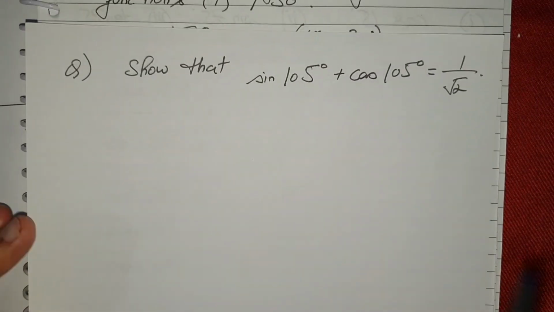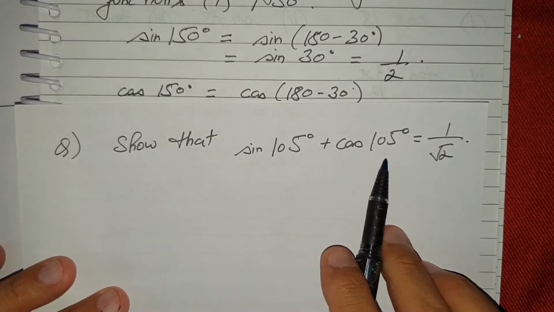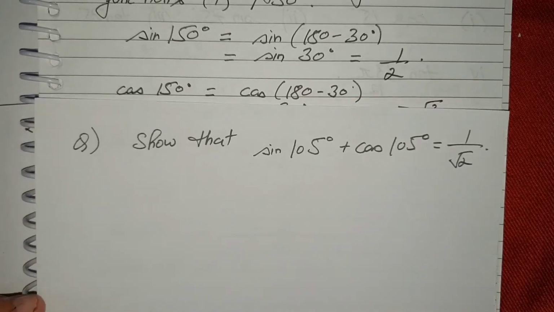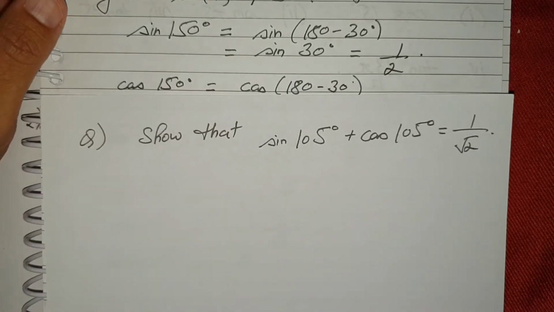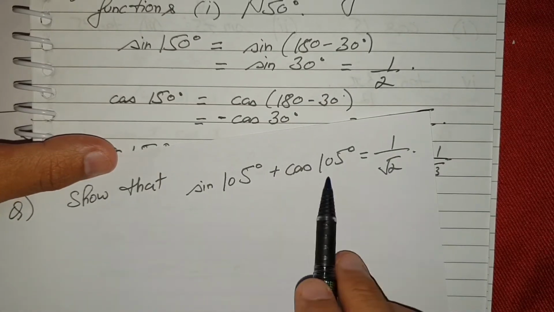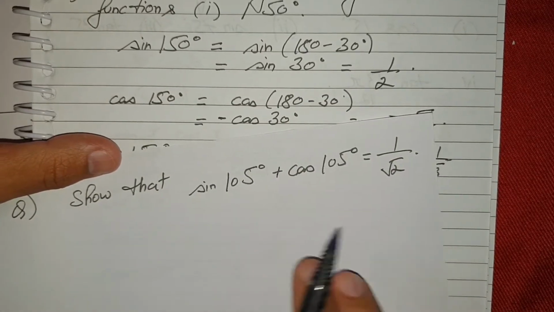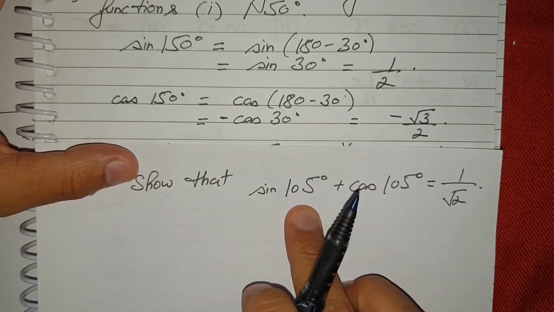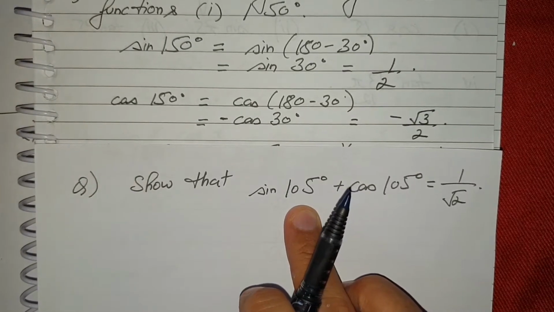Now take one more example. Show that sine 105 plus cos 105 is 1 by root 2. Starting with the LHS, we can write 105 as 60 plus 45.